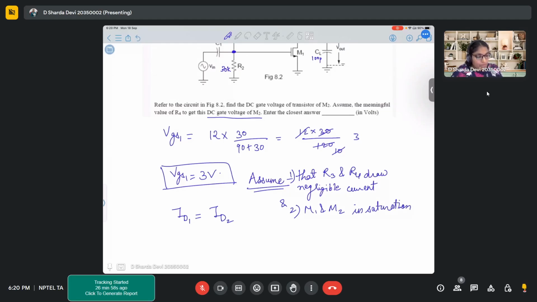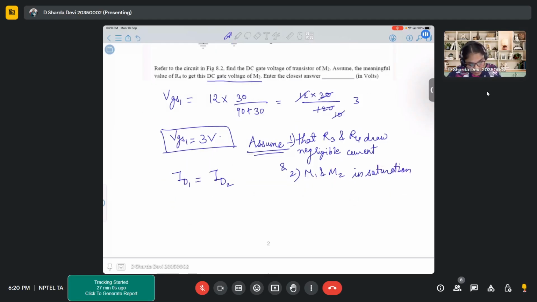Yeah, so with this assumption, we'll write the equation, whole square, K3 W by 2, VGS minus mod VTH of whole square.